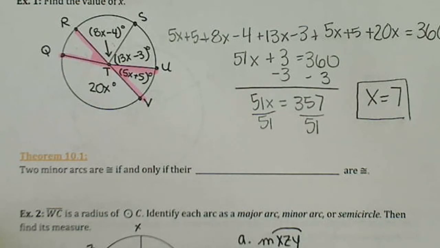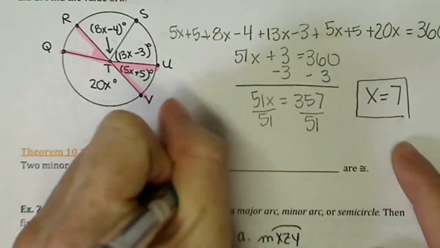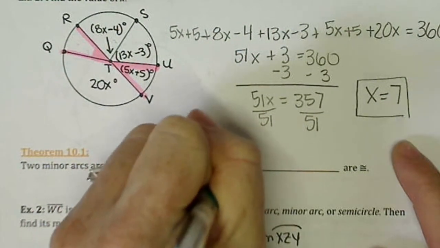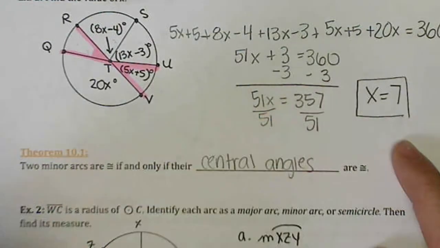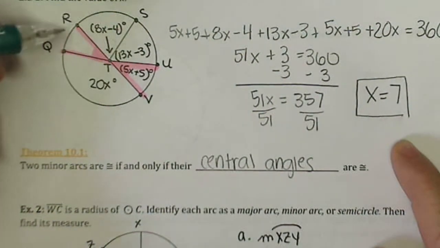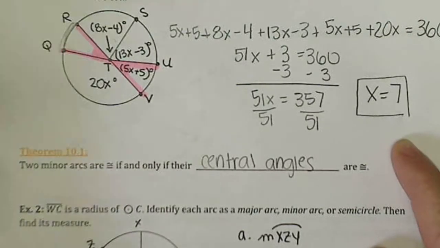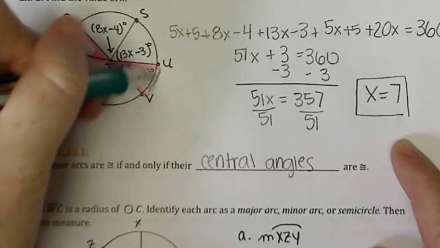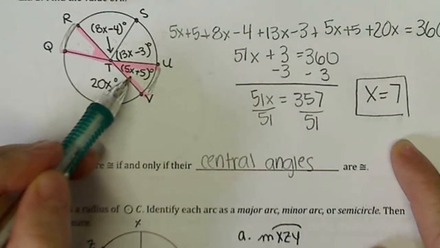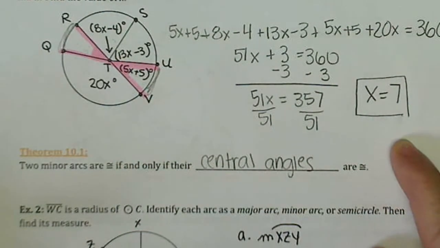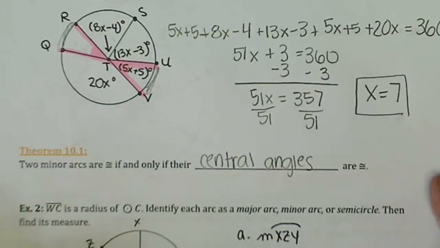And two minor arcs are congruent if and only if their central angles are congruent. For example, up here, arc QR, this piece of the circle would be congruent to this piece, UV, because they're vertical and their central angles are the same. Okay, that's what that theorem is saying.